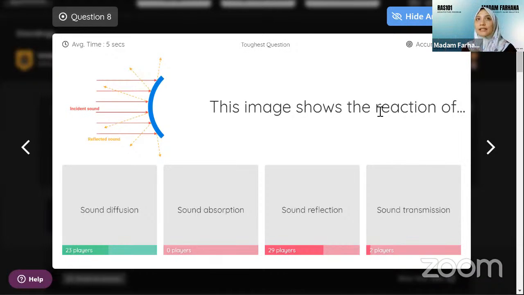Diffused in Malay, we can say tersebar. In the lecture, if you realize, I put it there in bahasa also. So it's easier for those whose first language is not English to understand based on your mother tongue. So diffusion is penyebaran.